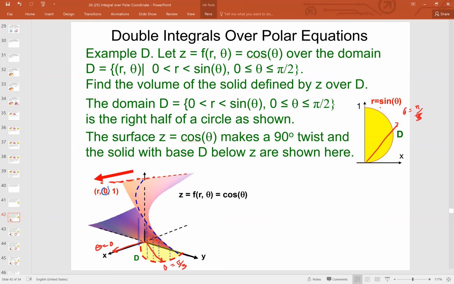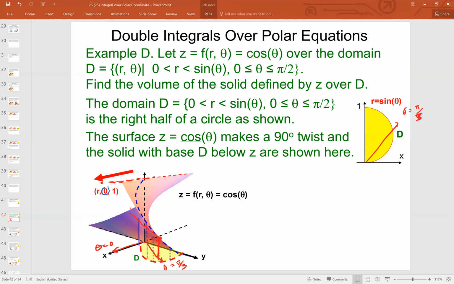If theta is pi over 3, cosine of pi over 3 is 1/2. Therefore, z is 1/2. I get these points, along the surface, where r can be any number.